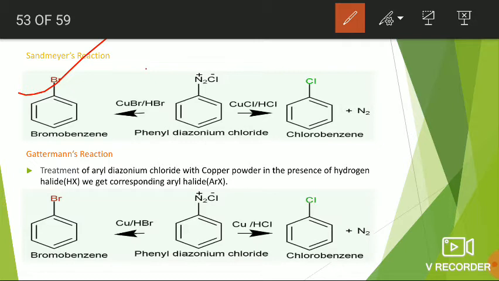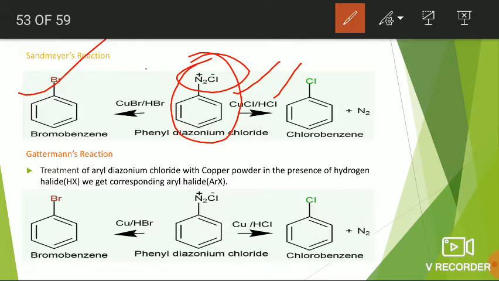Here, on treatment of diazonium salt with cuprous chloride in the presence of the same hydrogen halide, that is hydrogen chloride, the diazo group is replaced by a chlorine atom, so we get the corresponding chlorobenzene.